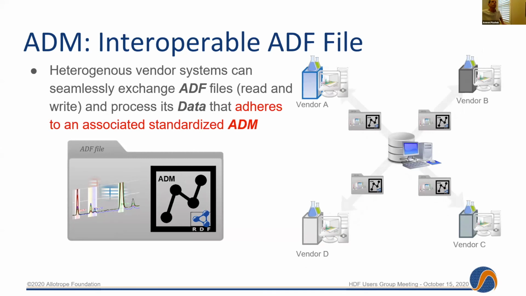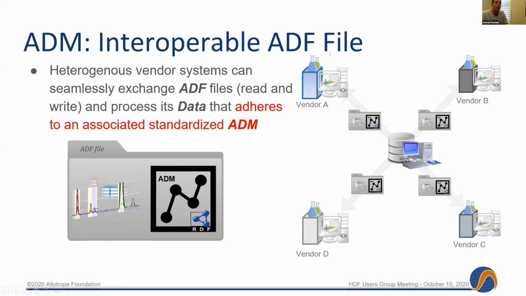Now, heterogeneous vendor systems can seamlessly exchange ADF files, read, write, and process the data that adhere to an associated standardized ADM. So within the ADF, within the data description, you have the model itself, and the model represents the use case, the ontology, and the terminology, and that's how we achieve complete interoperability between different vendor systems.